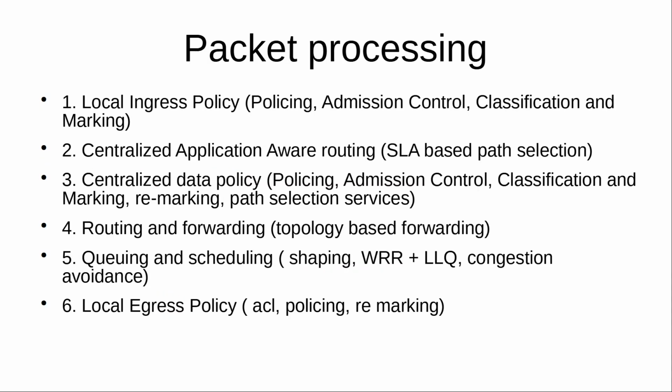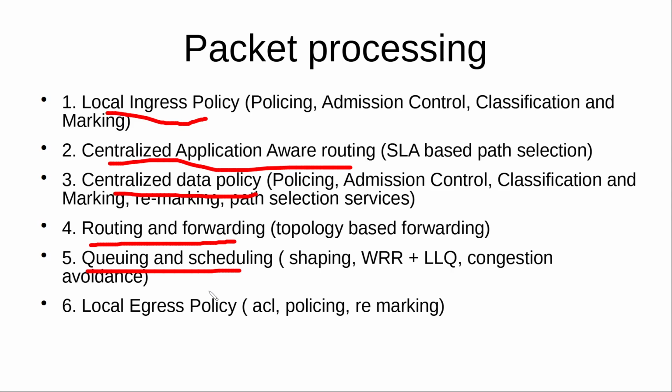Remember that when packets enter one edge device, they will have to go through a process, and this process involves first running the local ingress policy, then centralized application-aware routing, then centralized data policy, then the regular routing and forwarding process, then queuing and scheduling, and then the local egress policy.